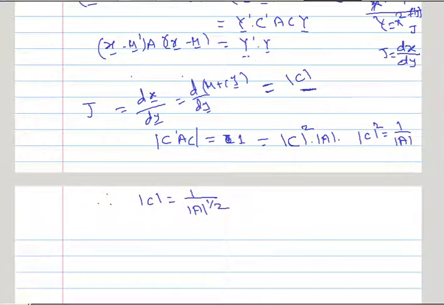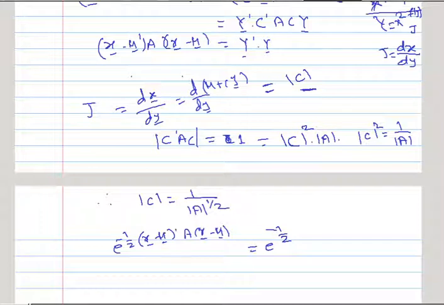Now one more thing here: the exponent e raised to -1/2 (x bar minus mu bar) prime A (x bar minus mu bar), this particular quantity is now reduced to another quantity, y prime y. Here y is a p-dimensional vector, and therefore y prime y is nothing but the dot product of the vector with itself.